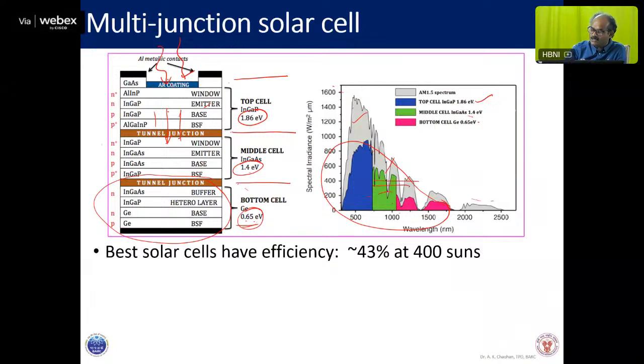That's why I used another one at the bottom. If I allow the entire solar spectrum to fall on this solar cell only, it will absorb the entire spectrum. What is the problem? The band gap is 0.65 electron volt. So why am I making three different solar cells with three junctions, using very expensive procedures, gallium arsenide, indium gallium phosphide, and the complex procedure of joining them together? Why is it all required?